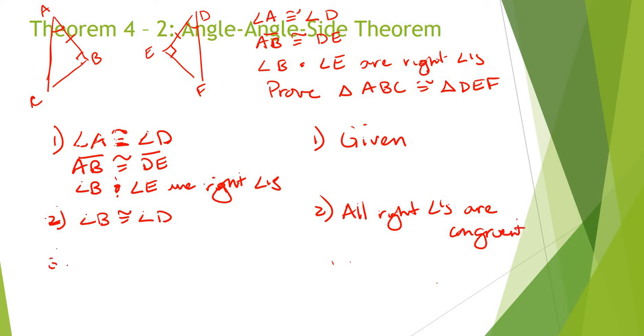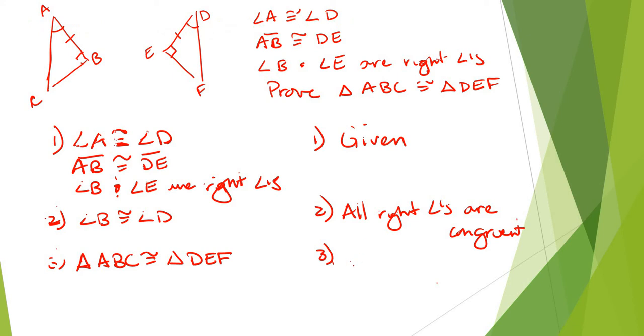So now I can say that triangle ABC is congruent to triangle DEF by my angle side angle theorem.